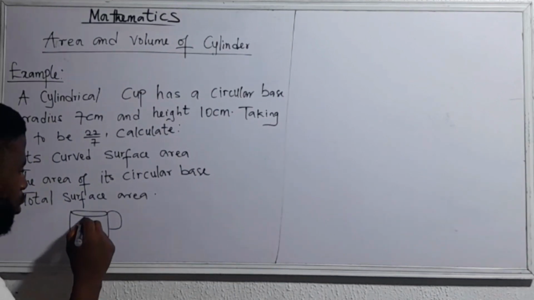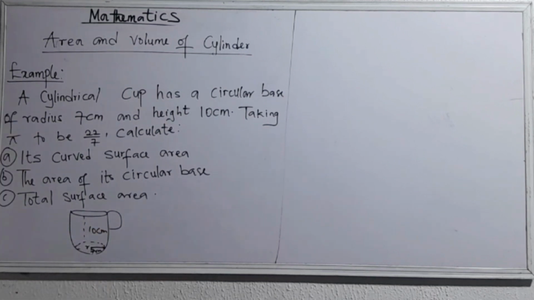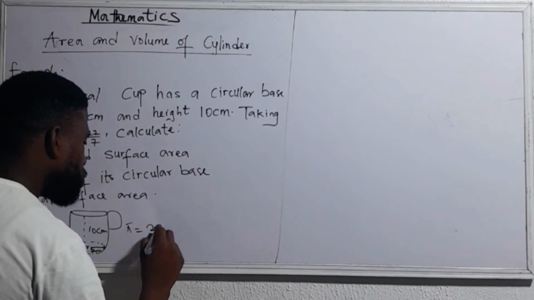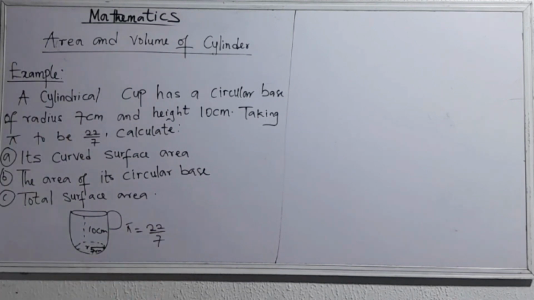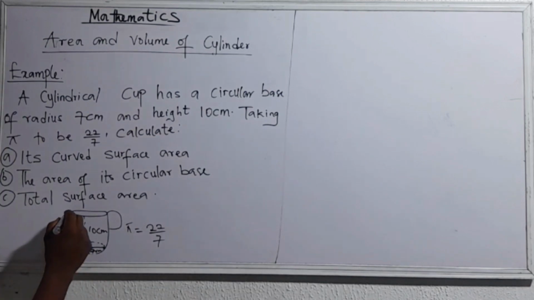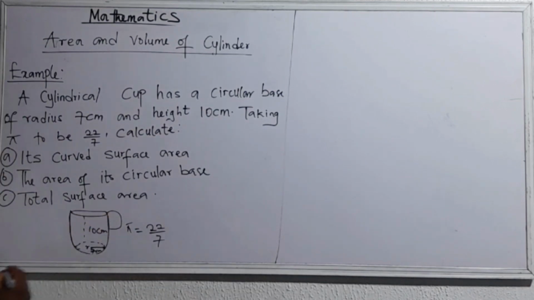The height of the curved surface is 10 centimeter. Now, we're given pi equals 22/7. Now, calculate its curved surface area. Curved surface area, that is this part that is curved.